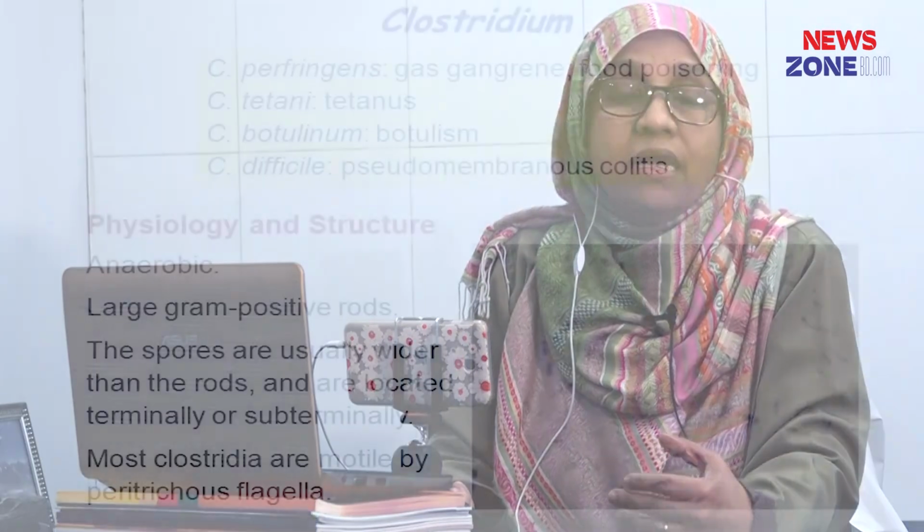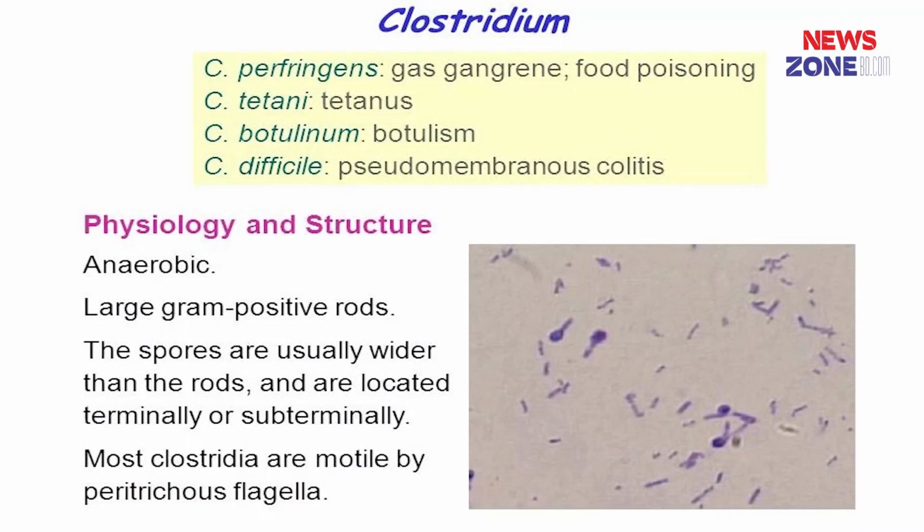The virulence factors of these organisms are mainly, number 1, the spore. How is a spore a virulence factor? Again, let me remind you, because they can remain as spores in any adverse condition. Neither can you kill them with antibiotics, nor can they be phagocytosed, and hardly any antiseptics or disinfectants can kill them.